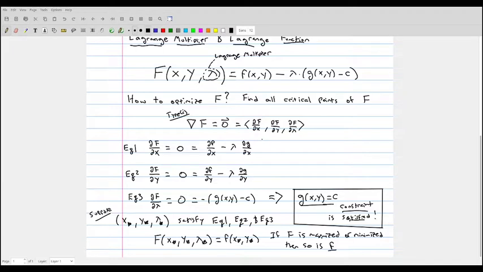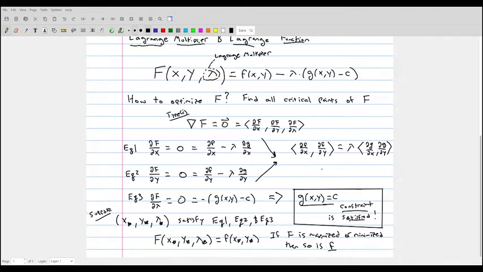We can also interpret equations 1 and 2 together as follows. This is saying that the partial derivative of f with respect to x and the partial derivative of f with respect to y have to be equal to lambda times the x partial derivative of g and the y partial derivative of g in vector form.